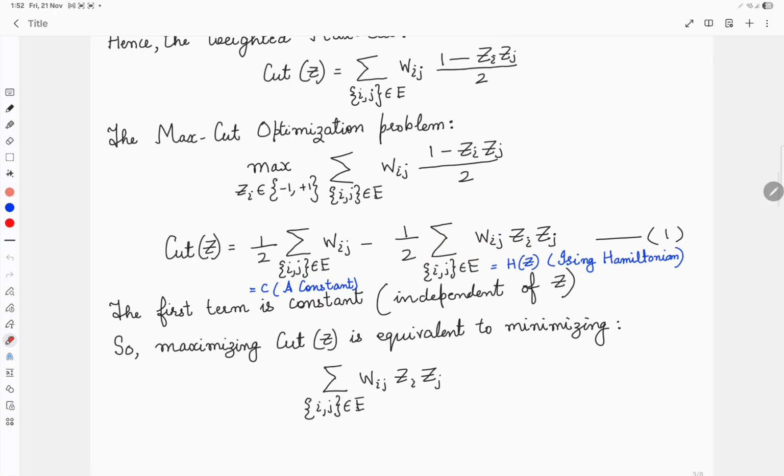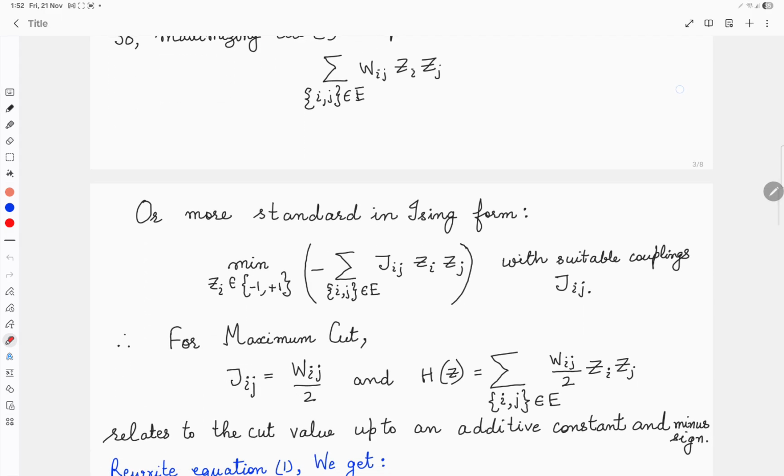So the maximization problem in the max cut problem is actually the minimization of the Ising Hamiltonian term, right?